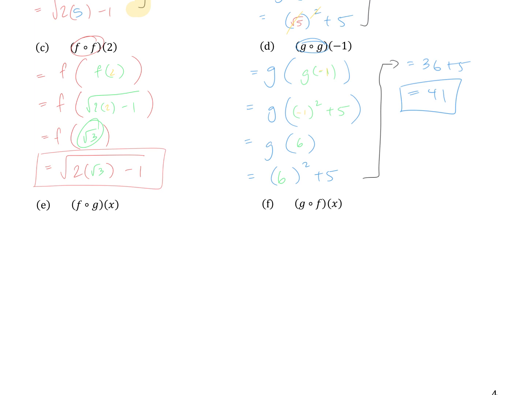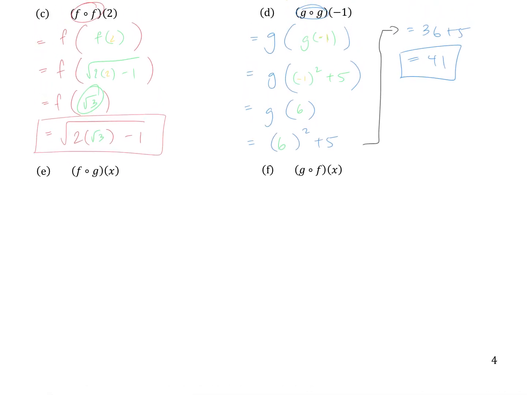All right, 2 more to go. We have f of g of x. My input this time is just x. Don't worry, we can still do it the same way we've been doing it before. So that'll be f of, again, we're inputting g of x. And then what is g of x? Well, g of x, again, is just the main function, x squared plus 5. And that is going to be my new x value to plug in wherever I see x for f.